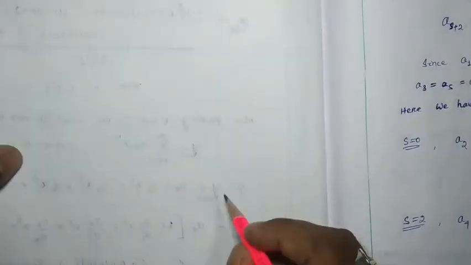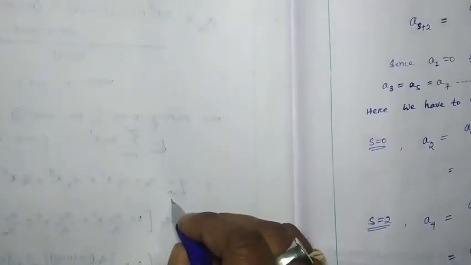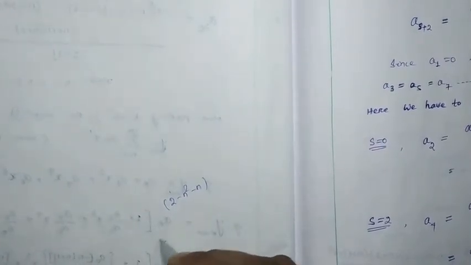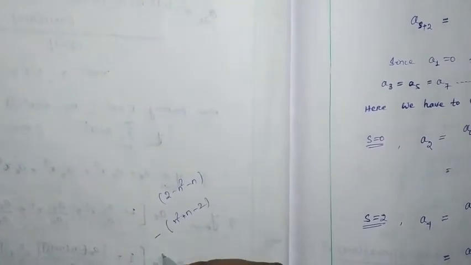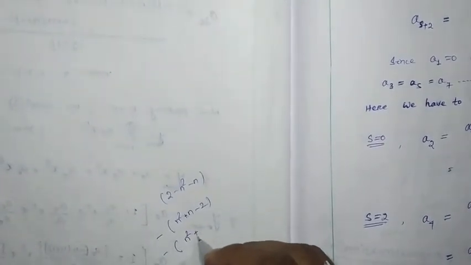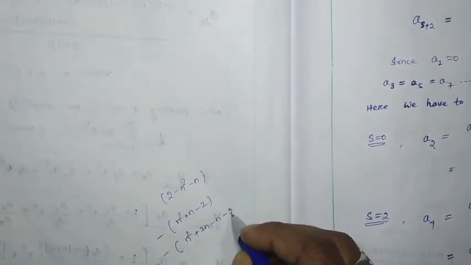See, here we have 2 minus n square minus n. Take the minus sign common outside, so it will be n square plus n minus 2. So this will be n square plus 2n minus n minus 2.